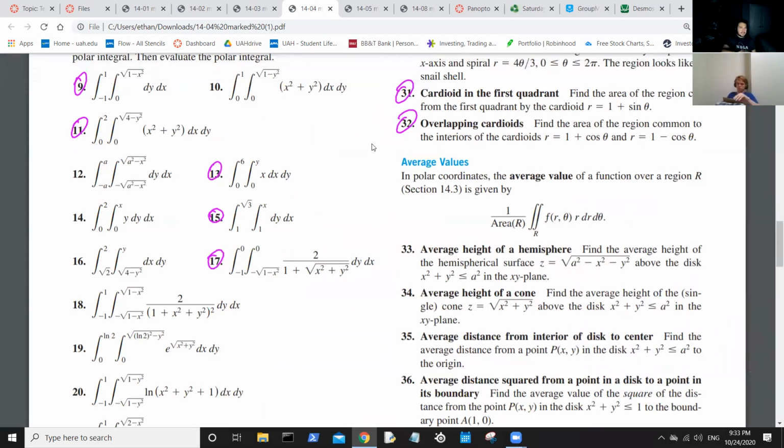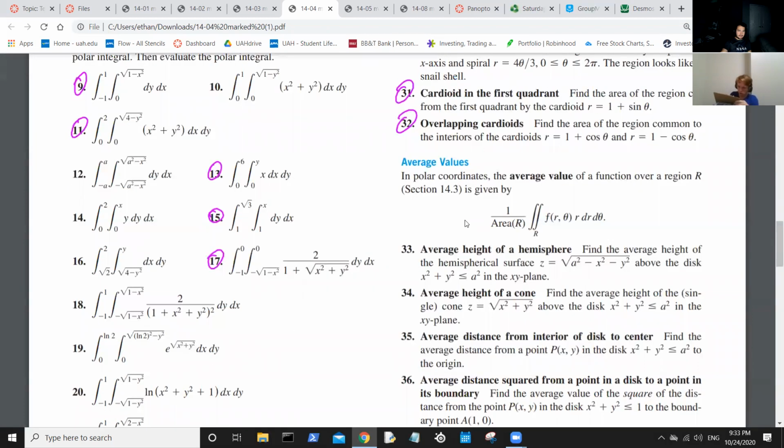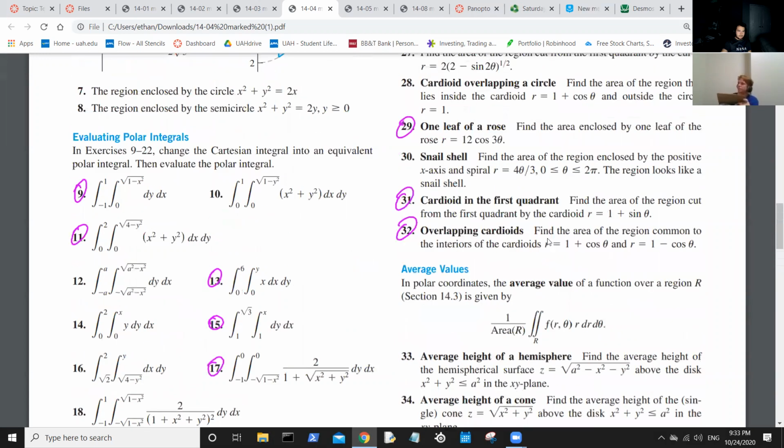So let's first try. Wait, what is this asking? Change the Cartesian integral into an equivalent polar integral, then evaluate the polar integral. Okay. I'm going to scroll up. Oh, and here's that average value function we just learned, but it's for polar instead. Why is it multiplied by r? Well, all right.